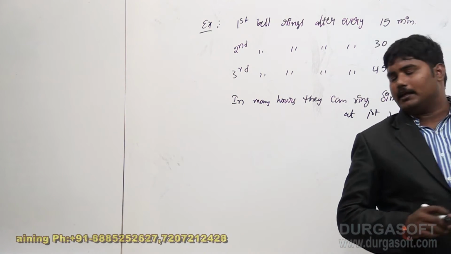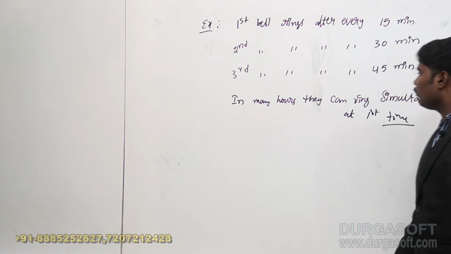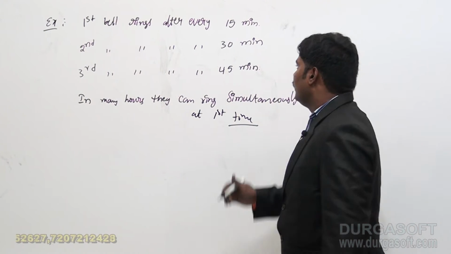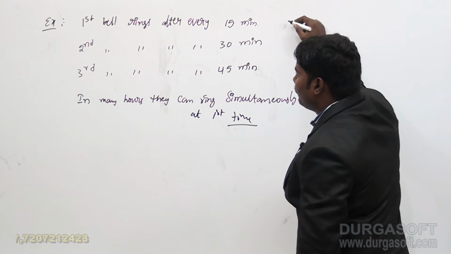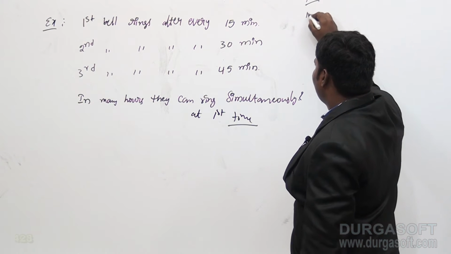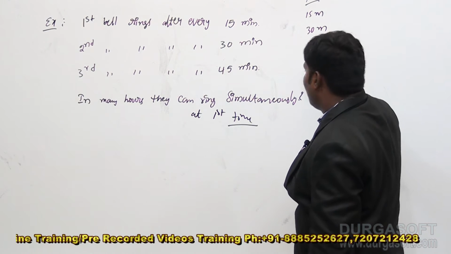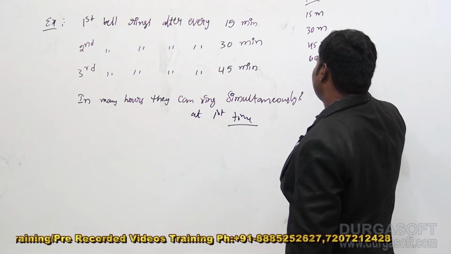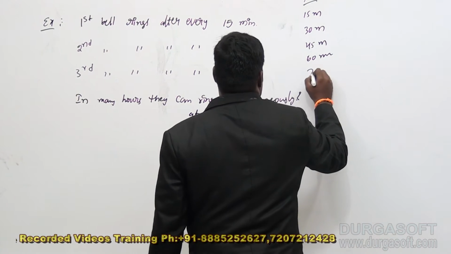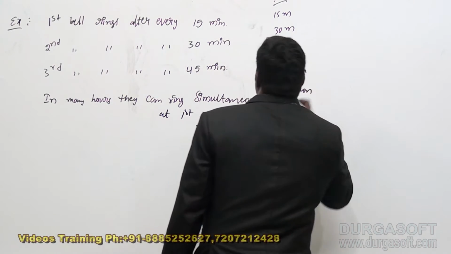What is the LCM for 15, 30 and 45? Before getting into the LCM, why should we prefer LCM here? Look here: the first bell rings every 15 minutes, at 15, 30, 45 and 60 minutes, then 60 plus 15 is 75 minutes, then 90 minutes and so on.